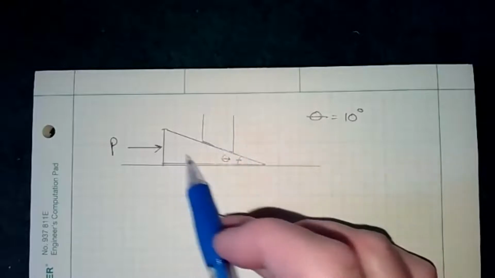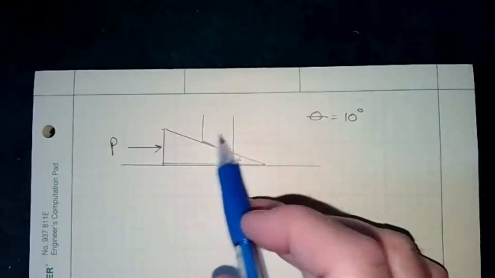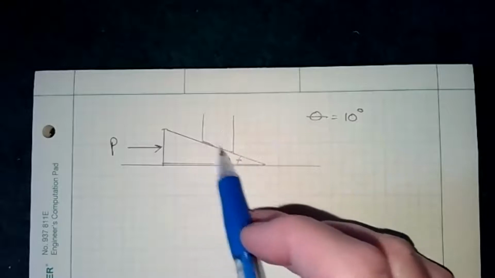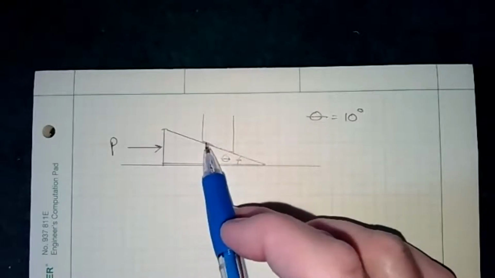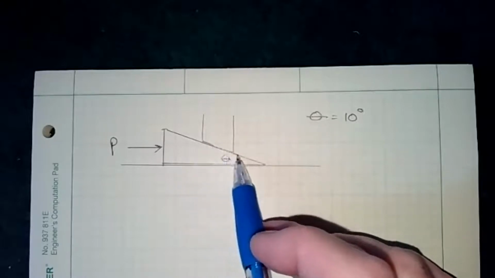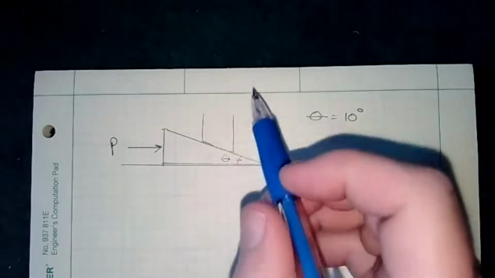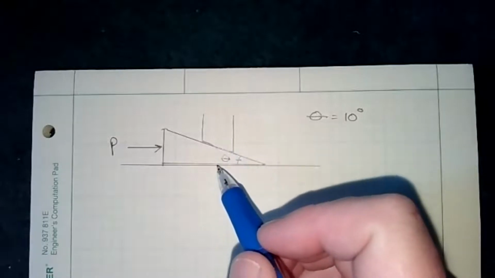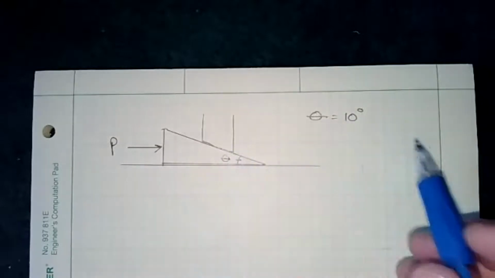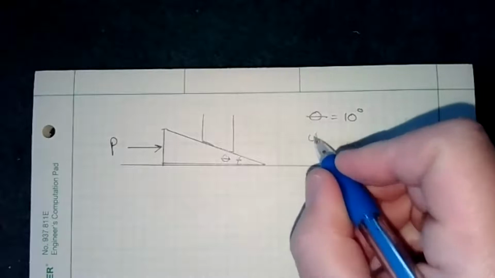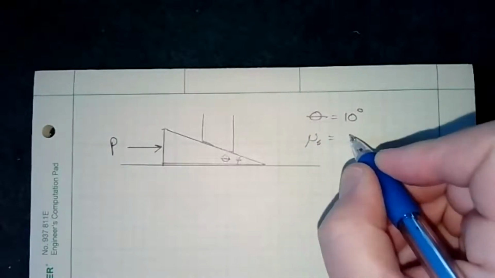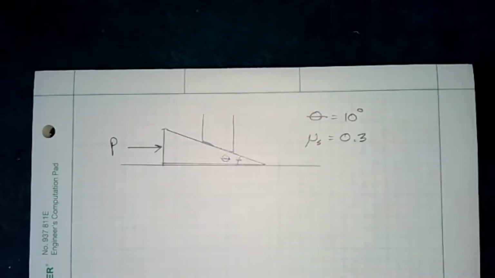Here's the door. You're pushing it in. Ignore the fact that this is deforming and it's made of rubber, just pretend that that's at the same angle there too. So what we have then is we have this surface, we have this surface, and we have the P. So let's say that mu static is equal to 0.3.